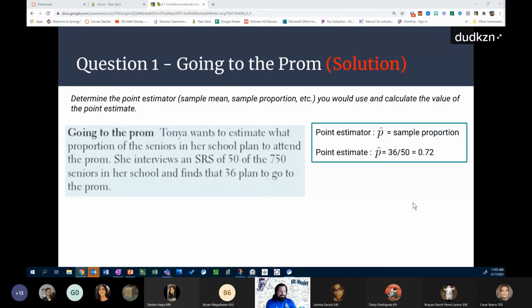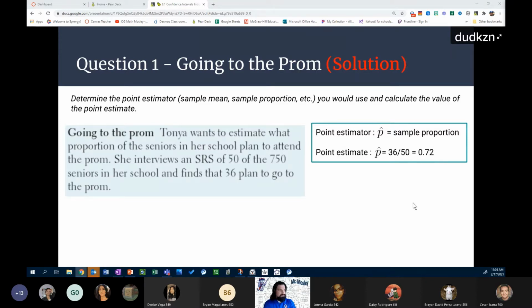Our point estimator would be the sample proportion, or p hat. That's the point estimator. The point estimate, the value of our estimator, is 0.72. 36 out of the 50 students in our sample. The sample size was n equals 50.